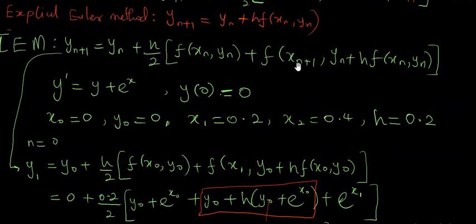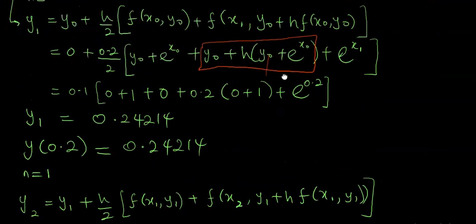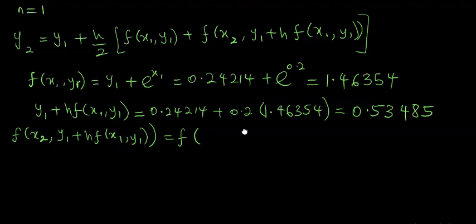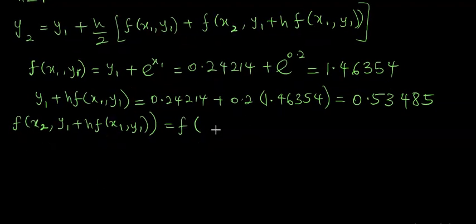From the formula, n is going to be 1, so that will be x2, not x1. So our x2 actually is going to be 0.4, and what we calculated the last time is actually 0.53485.